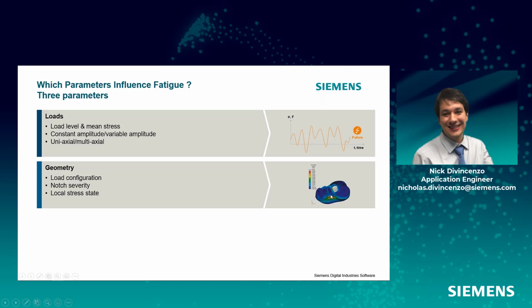This is something that CAE analysts need to be careful about, and something that they need to design for, essentially trying to reduce the notches and reduce the locations where stress concentrations might occur in a part or a component. So in geometry, this is very much something that the CAE engineer controls during the analysis portion of a fatigue analysis.